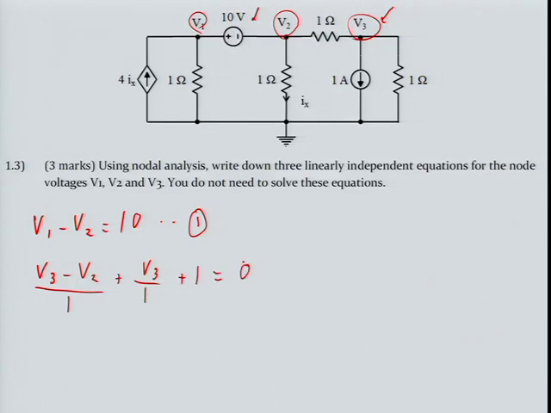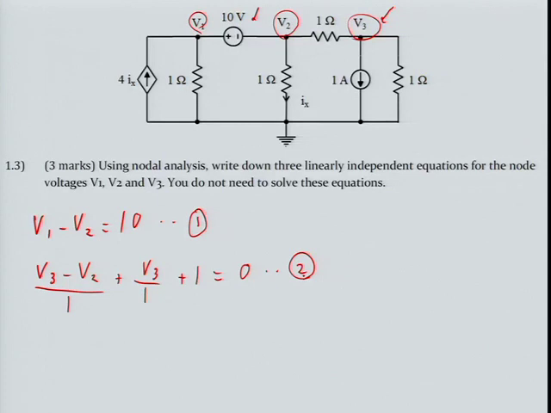If you were lazy, you could probably just leave it at that. That is an equation. Perhaps you'd want to simplify it, but that's the heart of it. It's all in terms of V2 and V3. So that's the second equation.